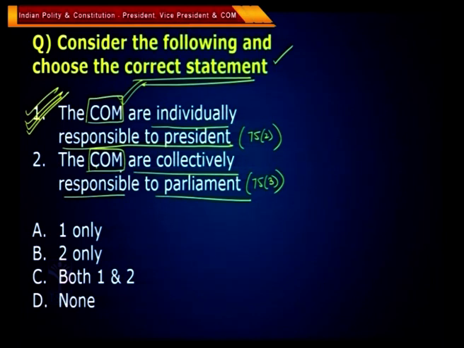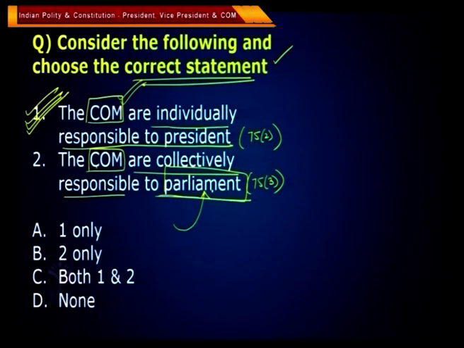The Council of Ministers are collectively responsible to Parliament. Oh my God. What is the reason why there is a Council of Ministers? Because they have a majority. Where do they have the majority? In Lok Sabha. When they have a majority in Lok Sabha, why would they be collectively responsible to both the houses of Parliament?